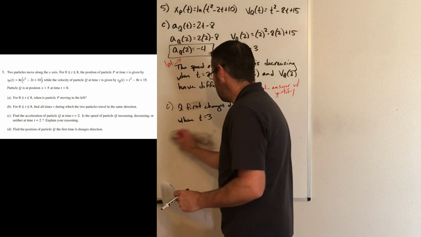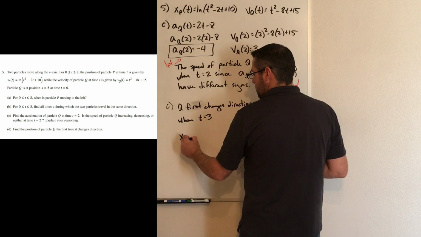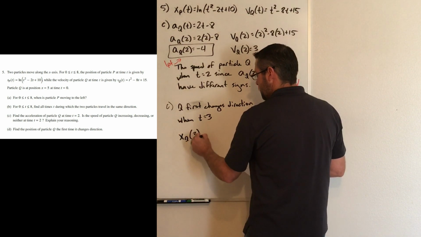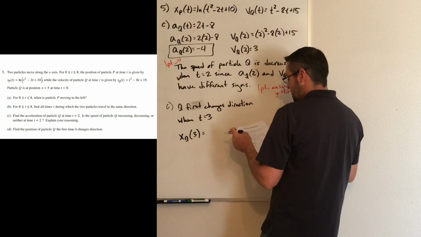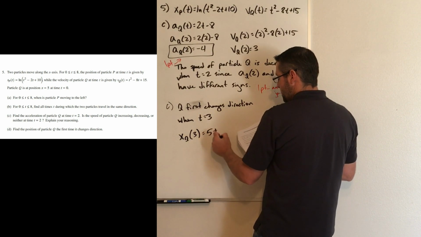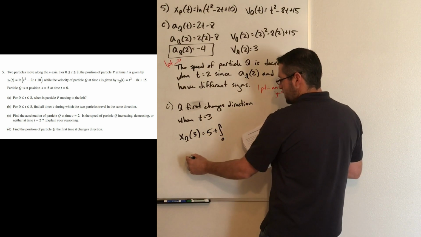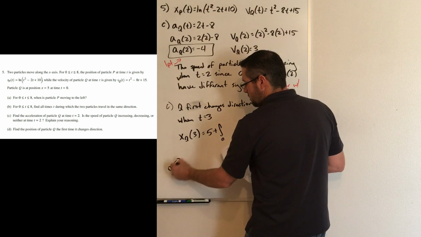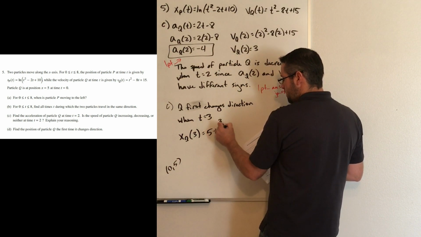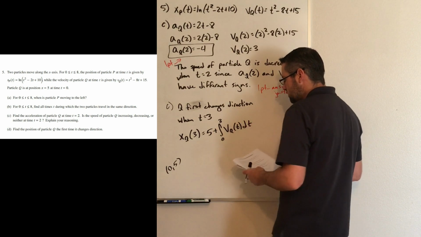And so remember, to find the position, we need the position of particle Q when t equals 3, which is equal to our initial condition. Now our initial condition, according to the prompt, was 5, and then plus the displacement. So plus the integral from 0, because that was the time of our initial position, from 0 to 3, v sub Q of t dt.